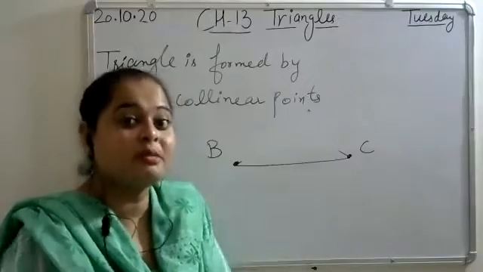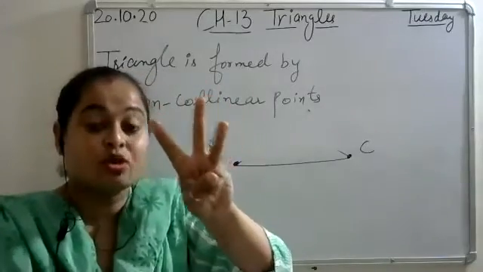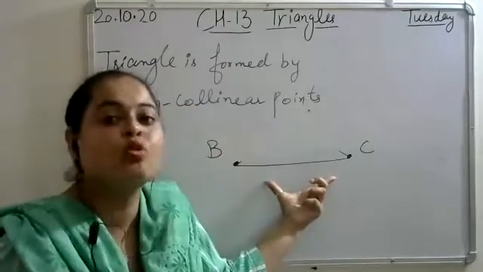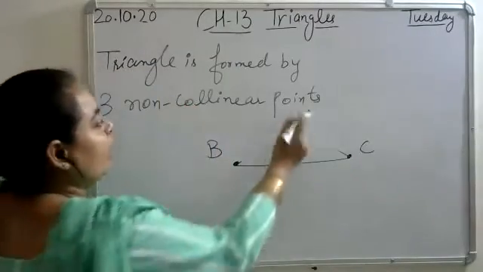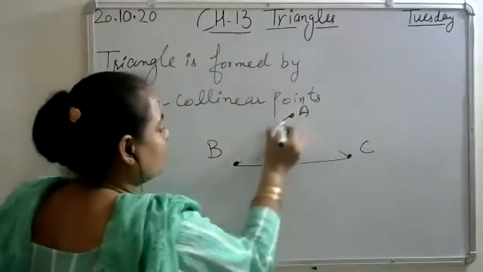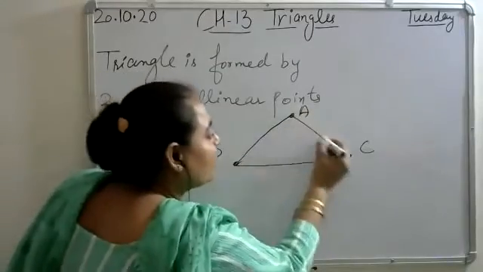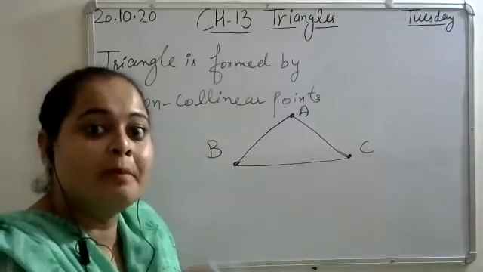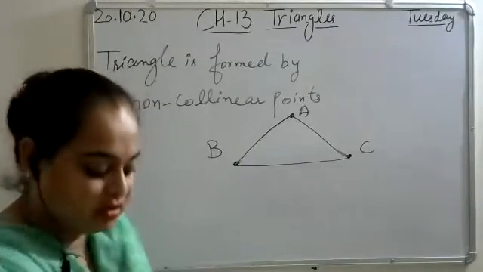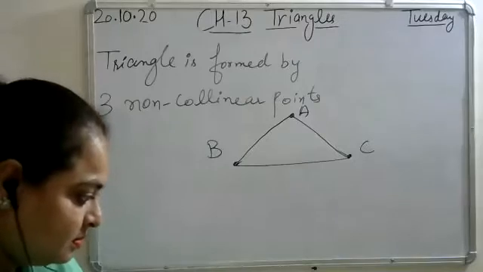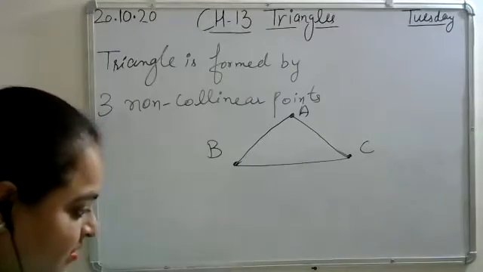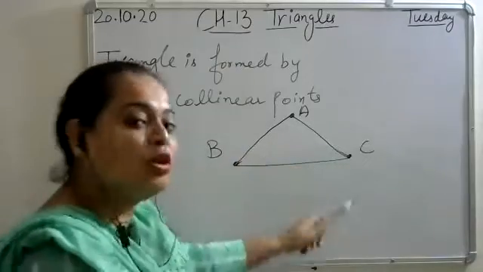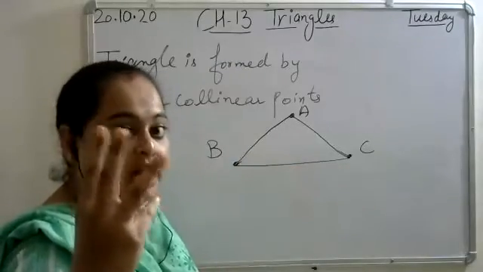The question is based on 3 points, so we will give the result on the basis of 3 points, not 2 points. Otherwise A and B are also in one line, and A and C too. That is not the case. You will compare all 3 points together at the same time.